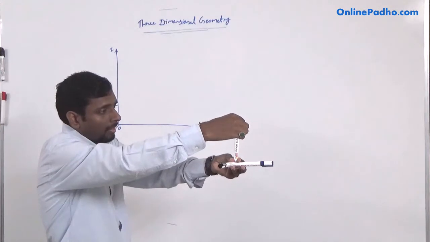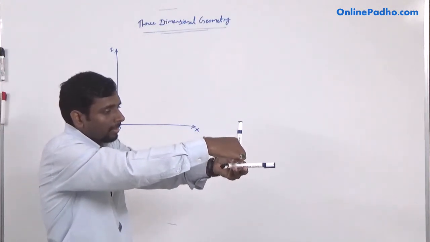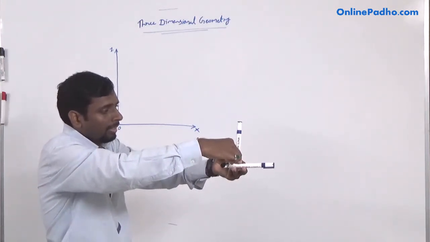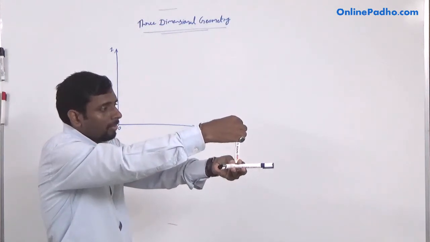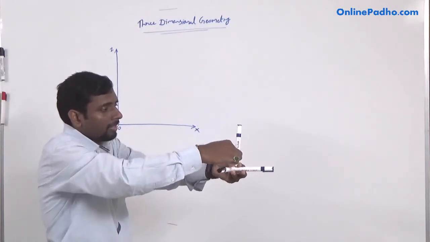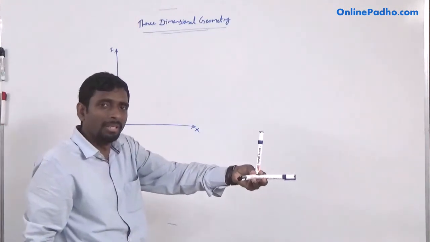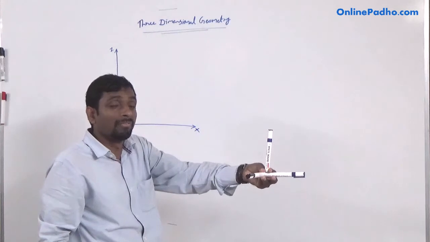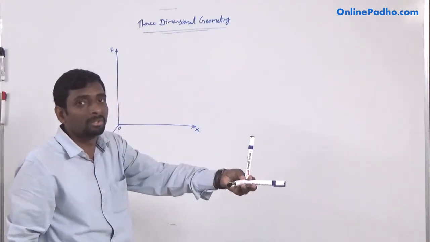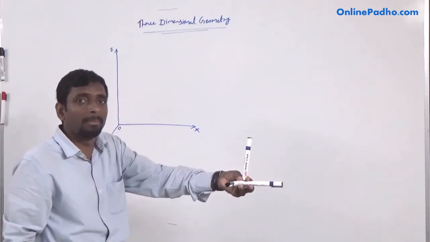If you draw the perpendicular on the y-axis, the distance from the origin is 2 units. And if you draw the perpendicular to the z-axis, the distance from the origin will be 3 units. So we can say that the point 1, 2, 3 lies in the first octant. The octant is called XOYZ. All 3 coordinates are positive.